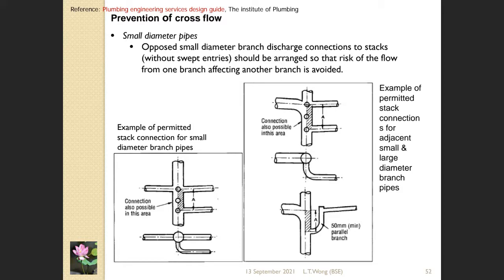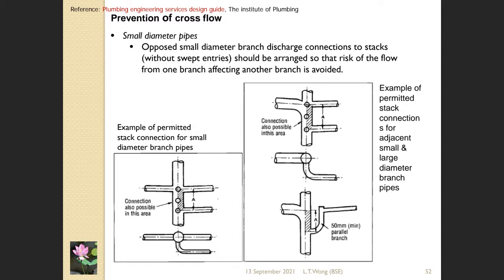Some of this also comes from experience, from utilization examples and experiments, on how the pipes should be arranged. Some areas are not allowed for joining the branch pipes, in order to avoid the momentum of water going into the branch pipe.